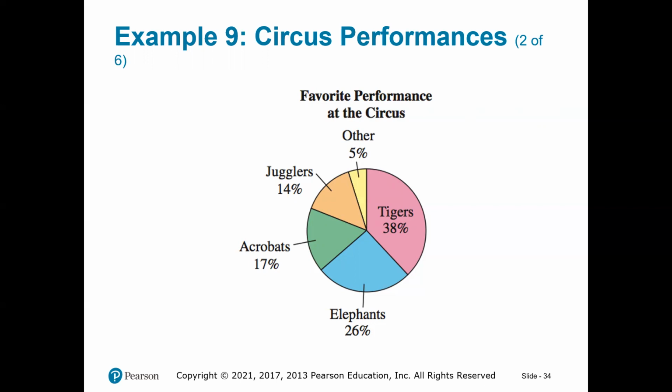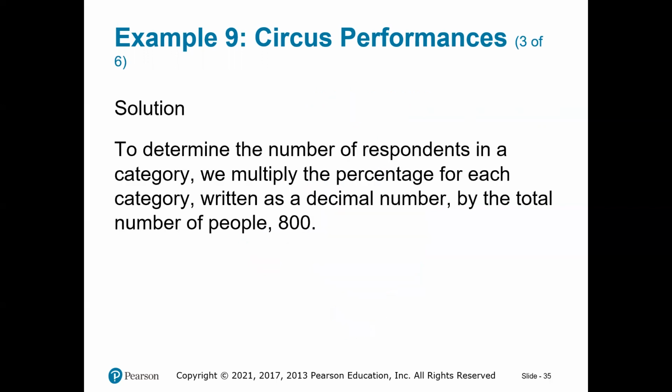For example, you don't have a person who liked acrobats and at the same time tigers. So if you have this situation, then given the number of people who participated in the survey, I can tell you how many spectators actually like tigers.